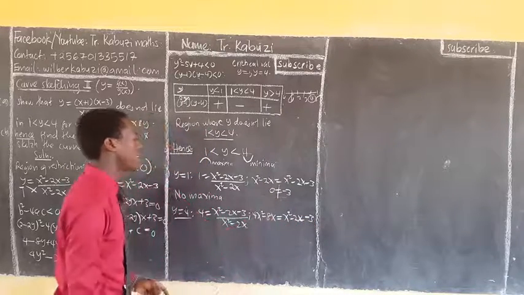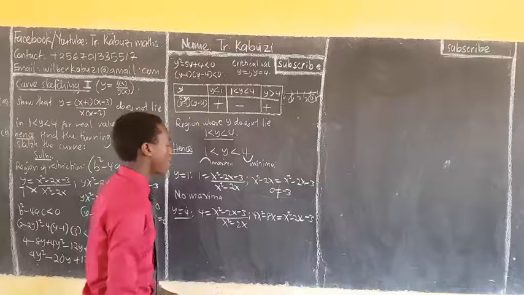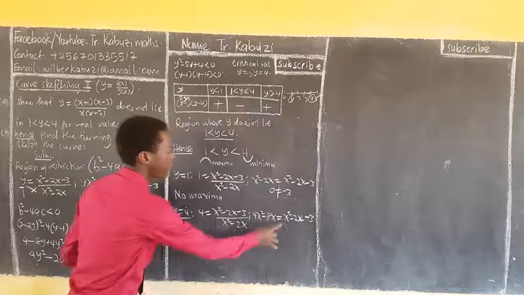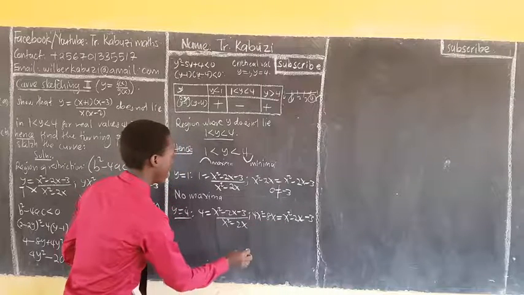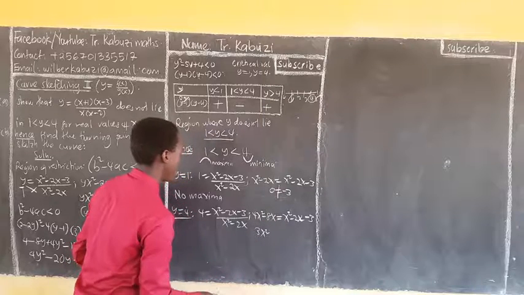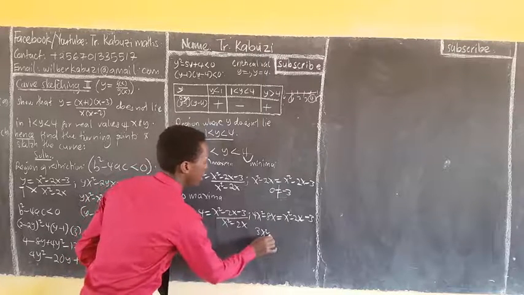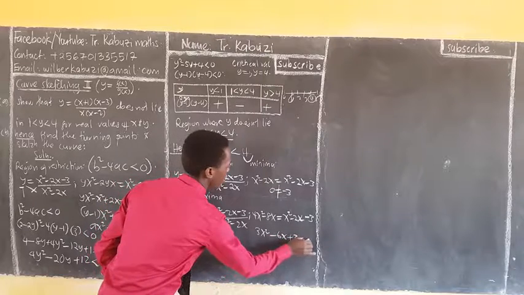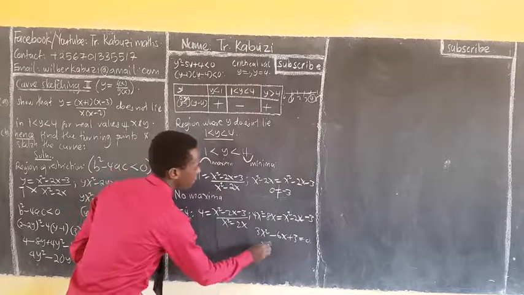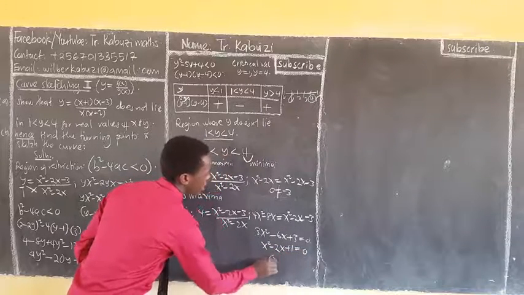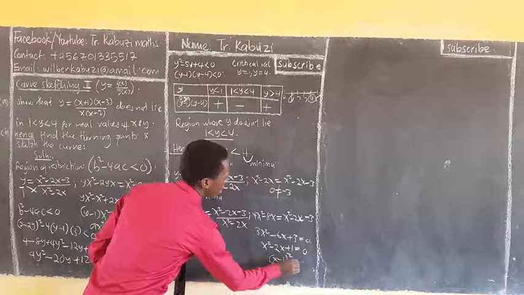When I bring everything this side, I have 3x squared minus 6x plus 3 equal to 0. Divide by 3, we have x squared minus 2x plus 1 equal to 0. And you see this is the same as x minus 1 squared equal to 0.